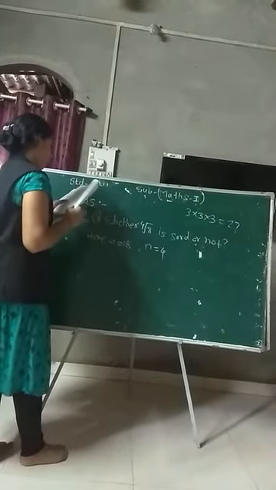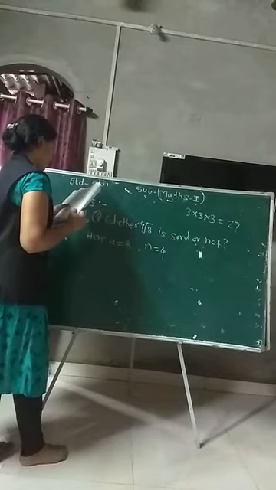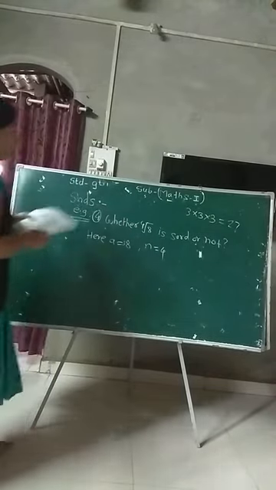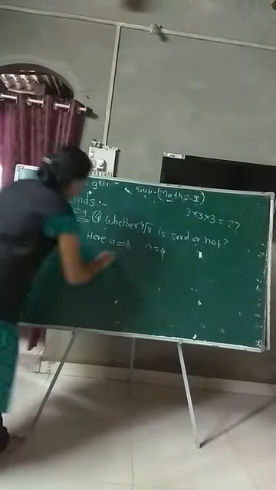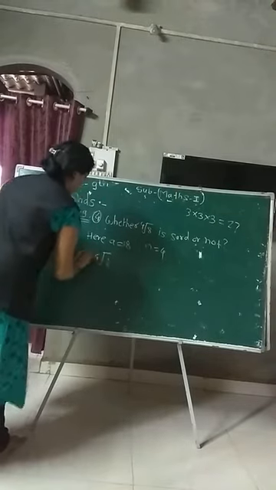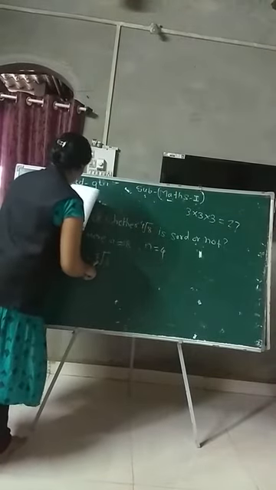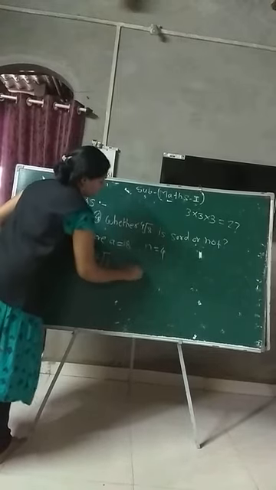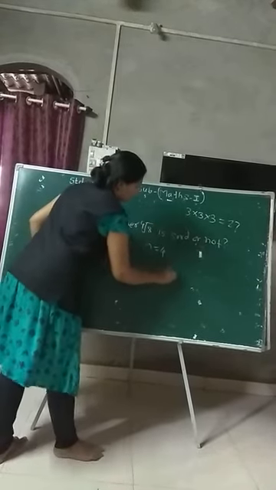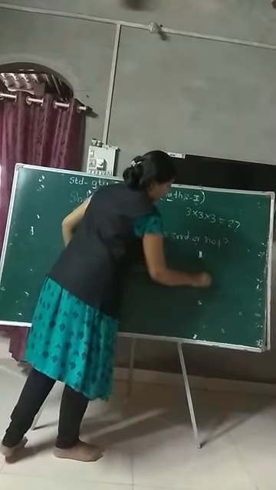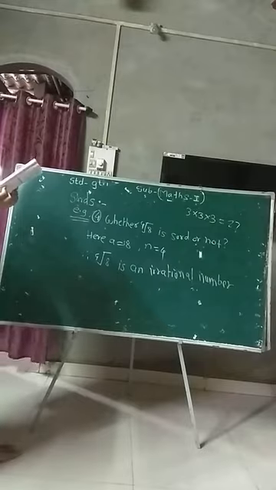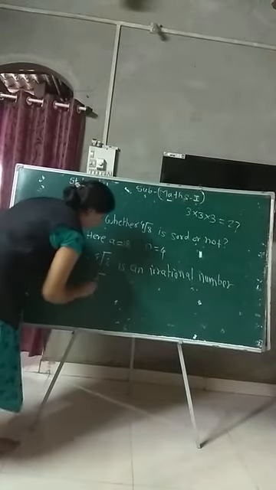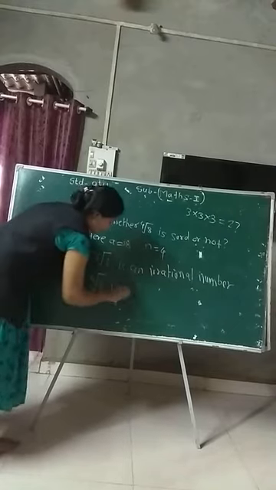But fourth root of 8 is not a rational number. Therefore, fourth root of 8 is an irrational number. Therefore, fourth root of 8 is a surd.